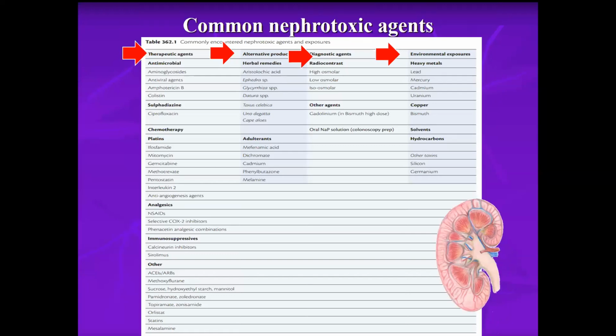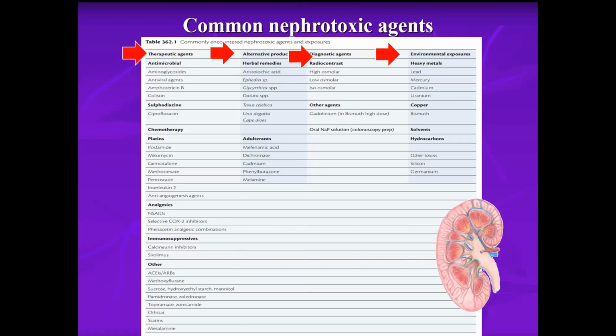So the common nephrotoxic drugs are your therapeutic agents, your alternative products, and diagnostic agents, and of course every environmental exposure. The therapeutic agents used in the hospital setting are obviously your antimicrobials, your chemotherapy drugs, and special attention to your analgesics, your COX inhibitors.